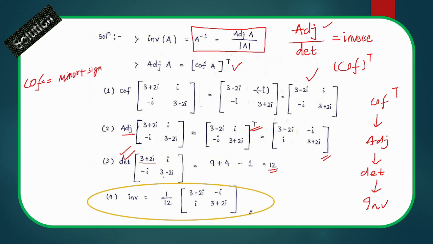3 plus 2i is multiplied with 3 minus 2i, which is 9, minus of i into i. i into i is equal to i square equal to minus 1, and i into minus i is equal to plus 1.